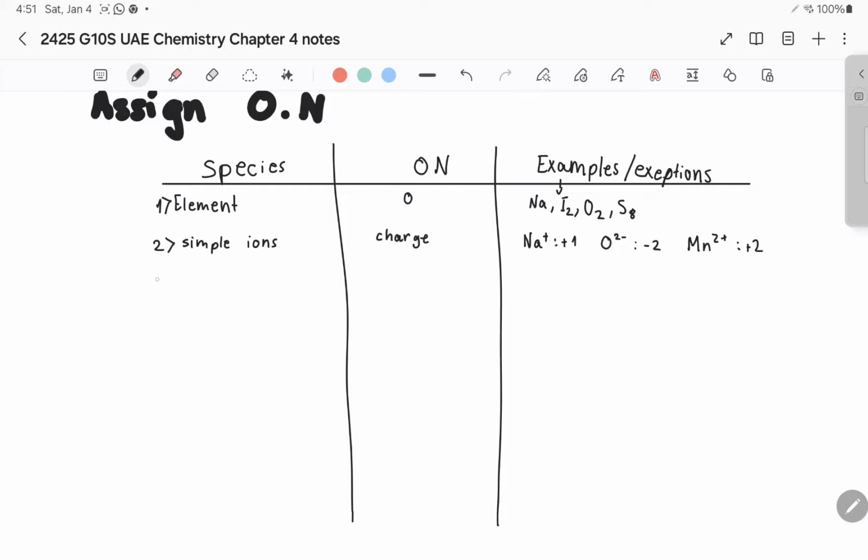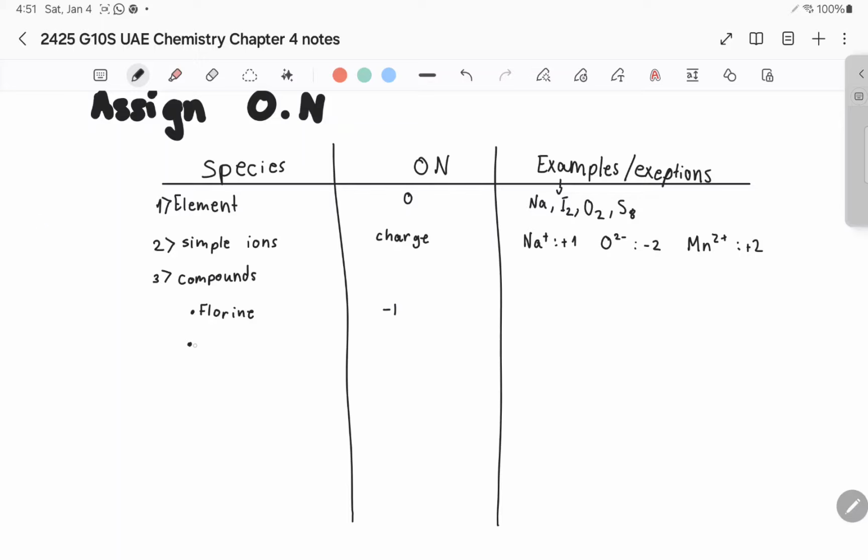Now here's the more confusing one, compounds. For compounds, it depends. If you have fluorine, your oxidation number is -1.